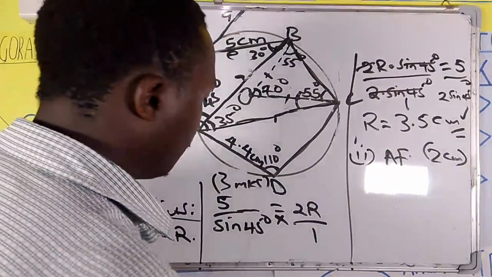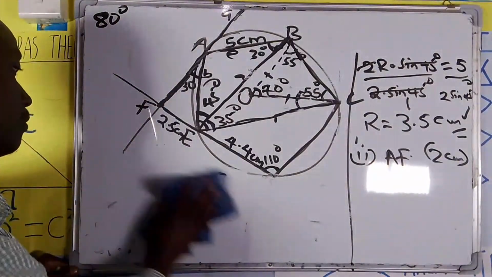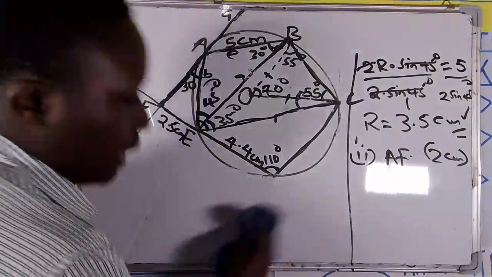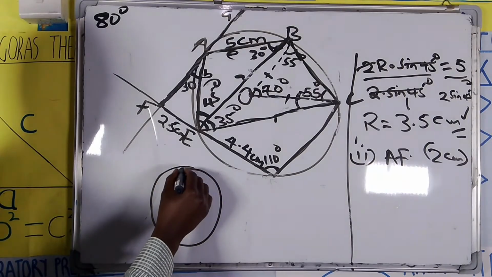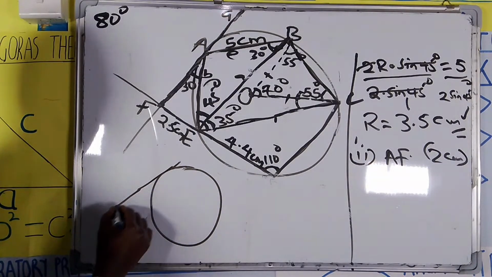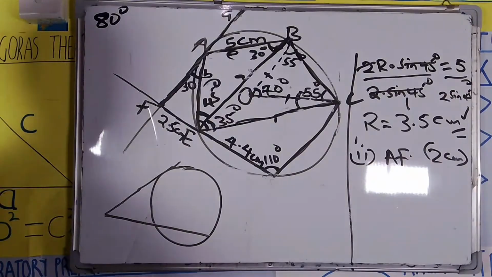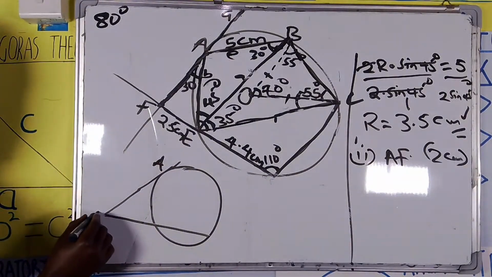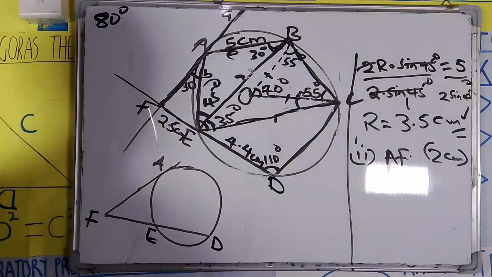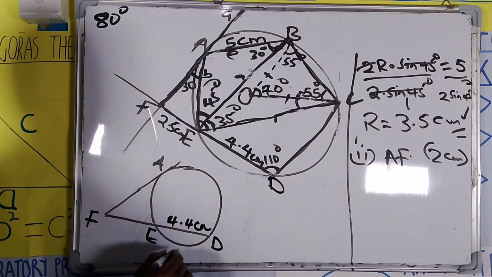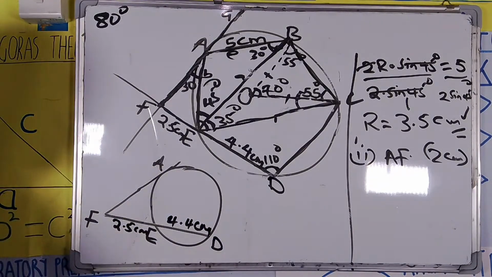So hiyo diagram inakaa hivi. Kuna A, kuna F, kuna E na kuna D. ED tulipewa ni 4.4. Hii tulipewa ni 2.5. Hii ndio hatuna, so tunaulizwa AF.